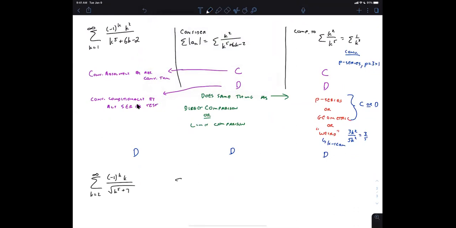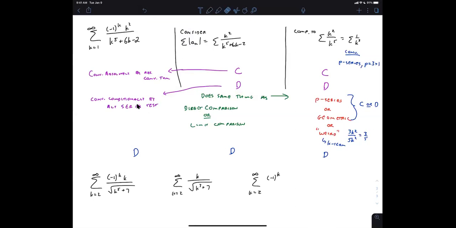And then the sum k equals 2 to infinity of k over the square root of k to the third plus 7. And then let's do the sum k equals 2 to infinity of (-1)^k.